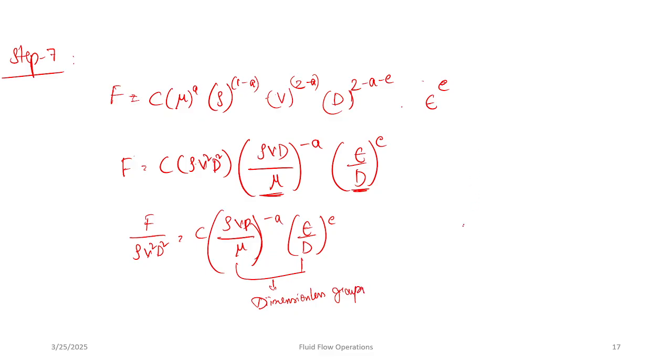Okay, so you can also express F by rho V square D square as a function of rho V D by mu and epsilon by D. Okay, so we are able to do dimensional analysis using the Rayleigh method, and then we come back to the Buckingham pi method.